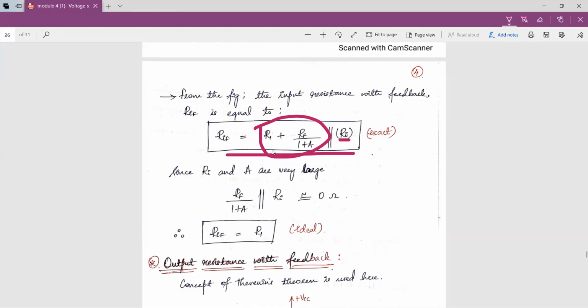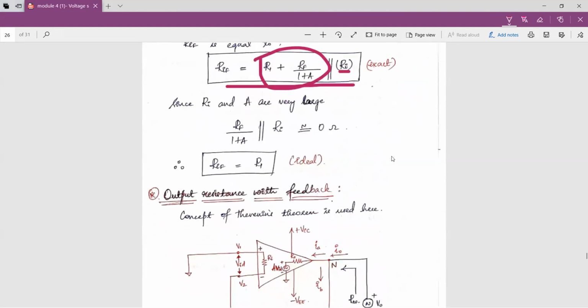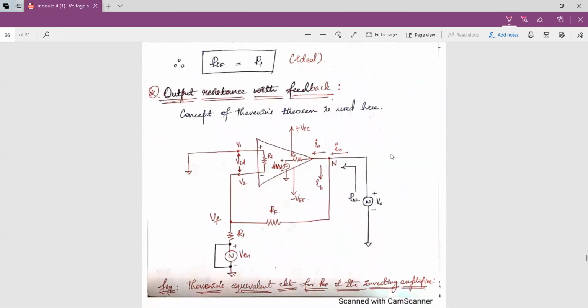The remaining is R1. Now this input resistance with feedback is equal to R1. This is the ideal value of the input resistance, whereas this is the exact value of the input resistance with feedback.